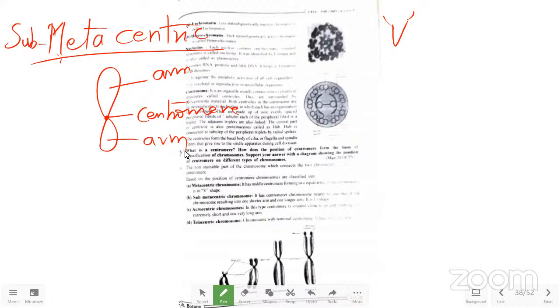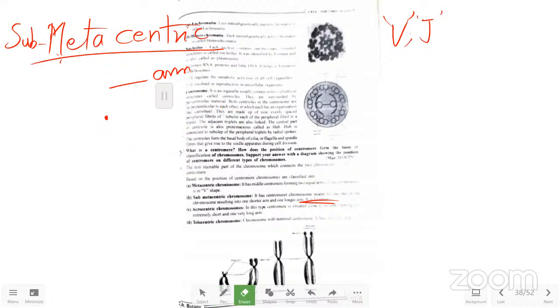That is the submetacentric. During cell division, it gives the J shape. Next comes the acrocentric chromosome.